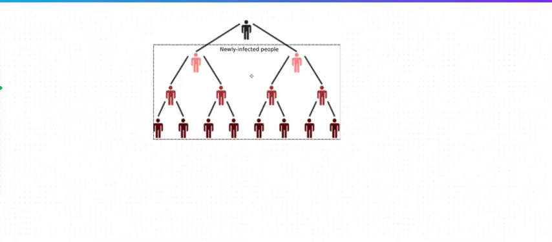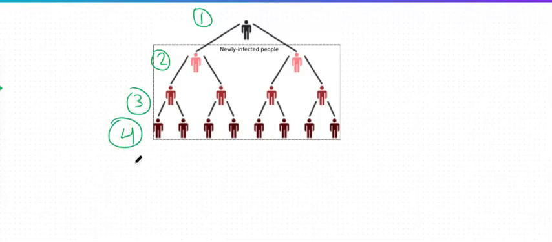I care more about how many total people are getting sick. So I have 1 row, 2 rows, 3 rows, 4 rows. If I kept this going and doubled it, at the 5th row I would have 1, 2, 3, 4, 5, 6, 7, 8 right now. We're going to double it, so that's going to get me 16.